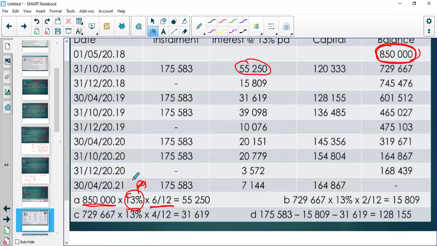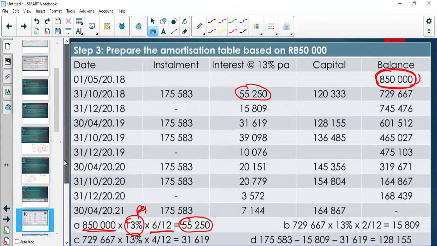We are using an annual rate, and it's only for 6 out of 12. So the interest accrued or accumulated is 55,250. That is going to be the interest. But then these guys pay 175. So the difference between these should go to the repayment of the balance.